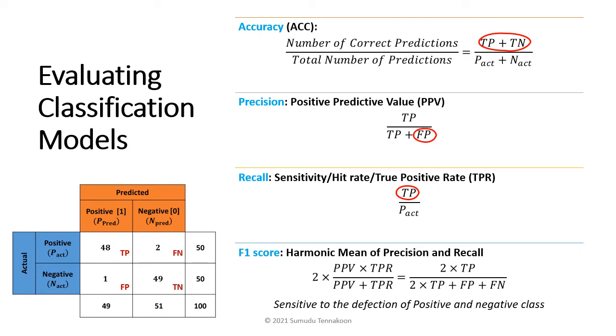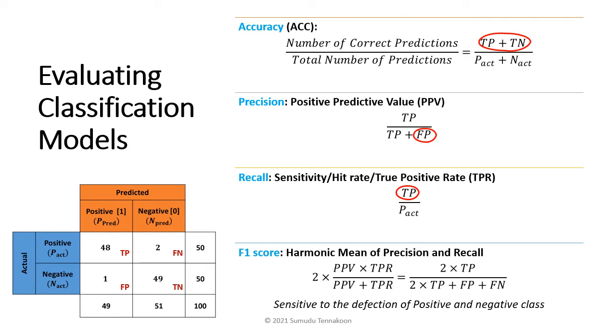This red circle should go on the TP plus TN. So your goal should be to increase the number of correct predictions, and the total number of predictions should be constant, right? You have to understand that. So the number of correct predictions will increase with true positives and true negatives. That's the goal if you are tracking accuracy.